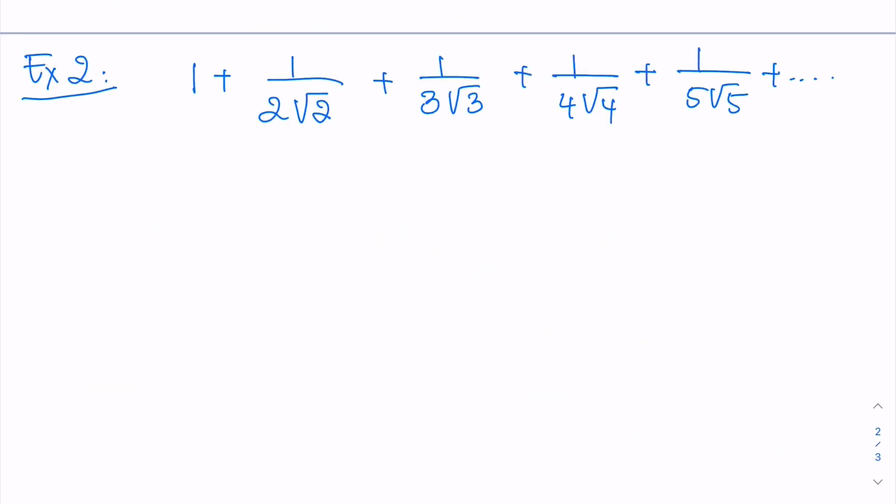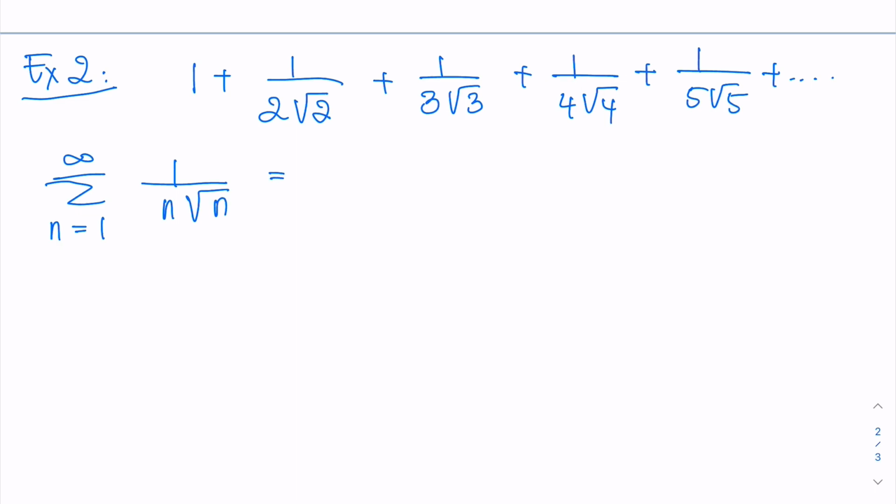For example 2, we want to determine whether this series is convergent or divergent. So hopefully you can see that this series is the sum from 1 to infinity of 1 over n square root of n.